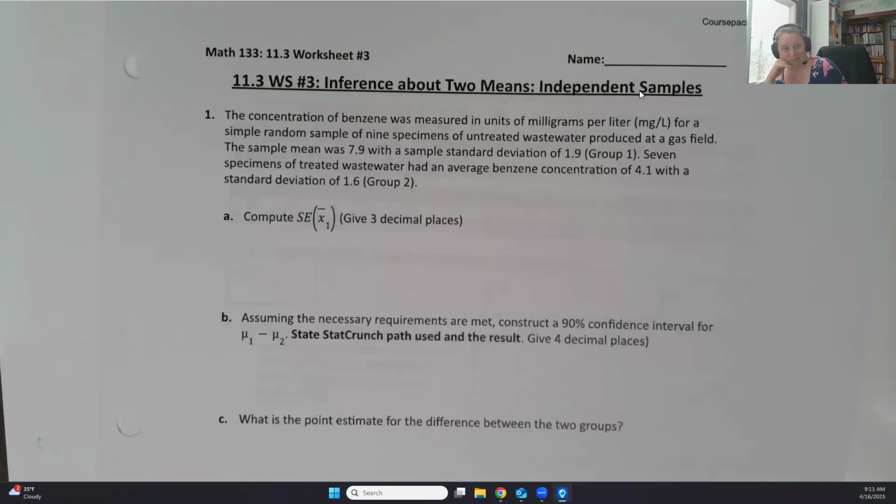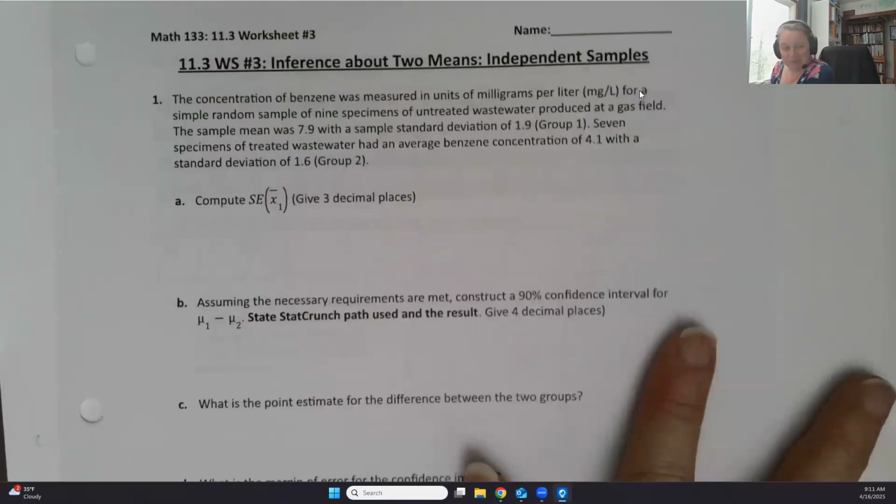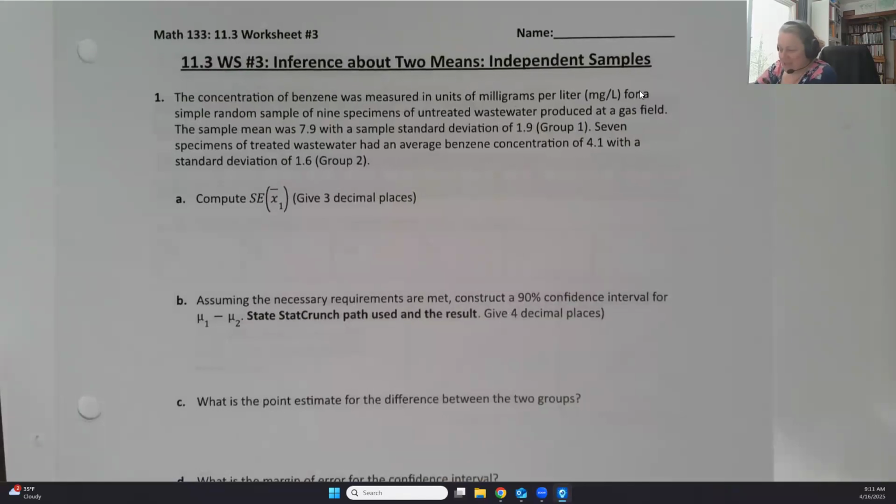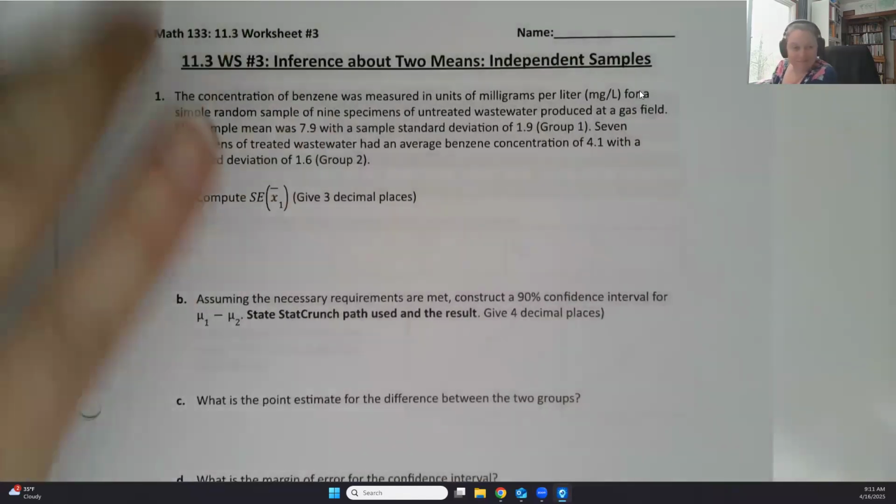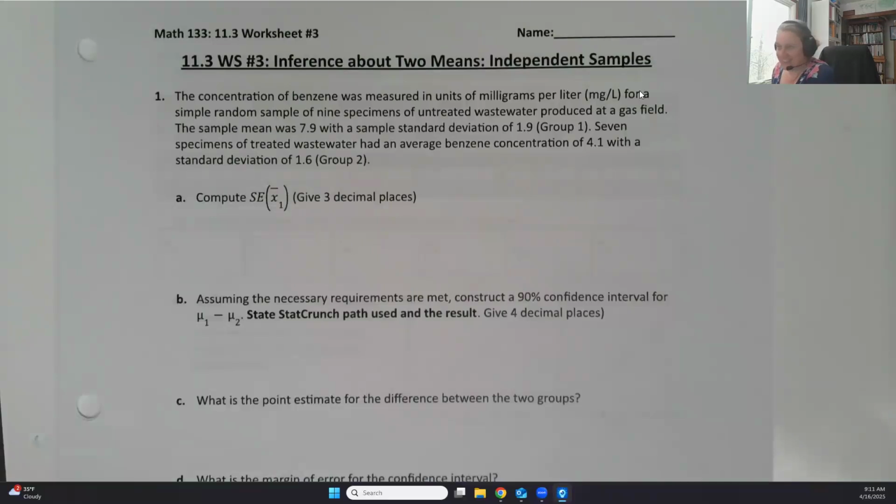No votes? You don't have an opinion? You guys are killing me. Which one's worse? Hypothesis tests or confidence intervals? Or are they both the same? No difference.